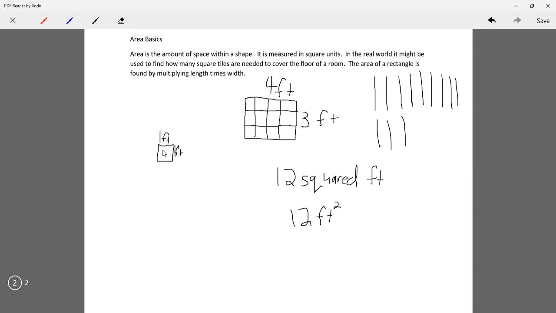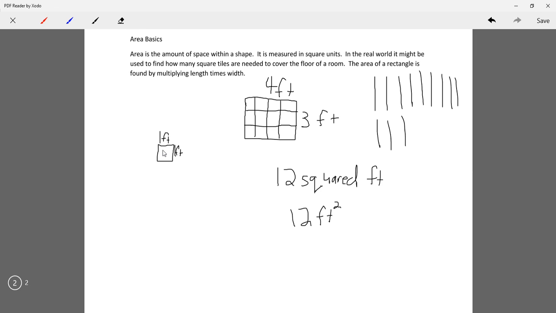It's definitely an important thing to understand, and it's always good to understand the difference between area and perimeter. Perimeter goes around something, like a fence around something, and area is actually the amount of space on the inside, two dimensionally.